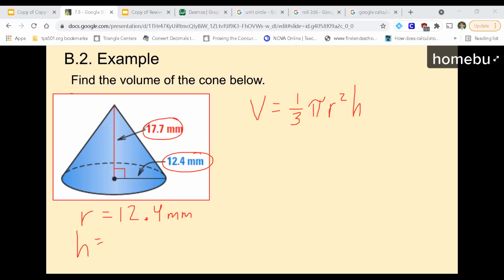That's what we want. That's the height. That's the radius. So now that I have my values, I'm going to plug these into the formula. So the volume will be 1/3 of pi times 12.4 squared times 17.7.